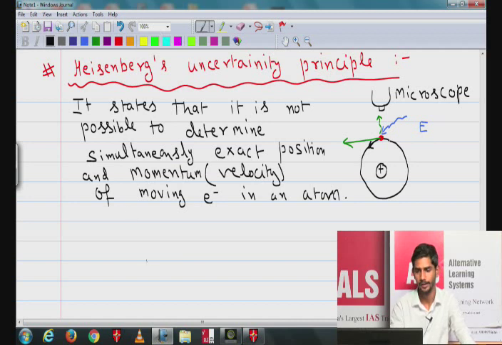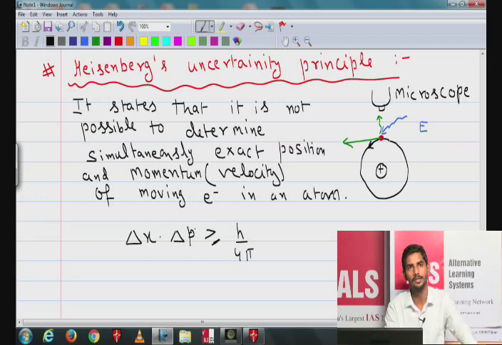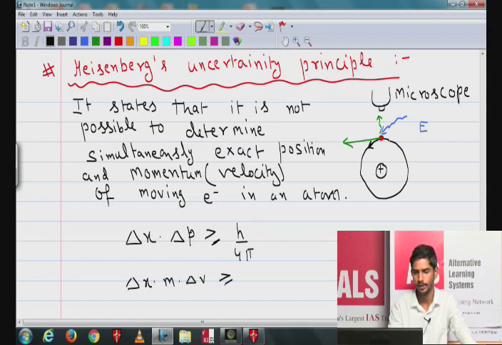Now, he derived a relation that delta x dot delta p should be greater than or equal to h upon 4 pi. Here p denotes the momentum, and we know that momentum can be written as mass into velocity. So I can further simplify this relation by writing: delta x dot m dot delta v should be greater than or equal to h upon 4 pi.